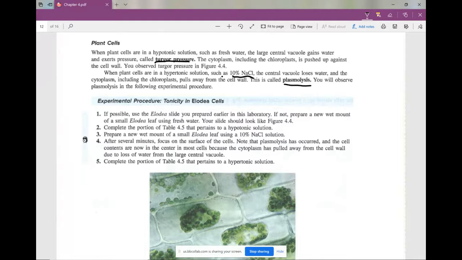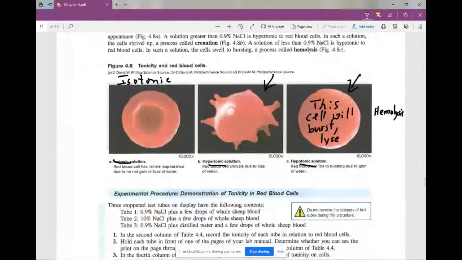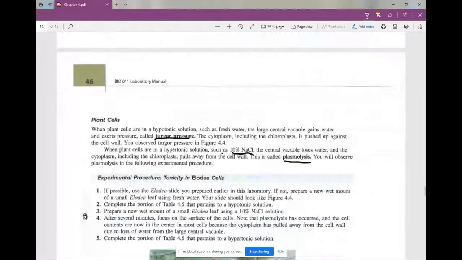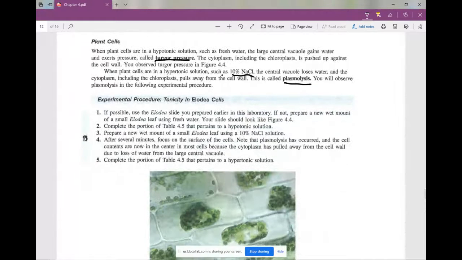This is called plasmolysis. All right, so hemolysis is plasmolysis, but in terms of a blood cell. Plasmolysis is the term used for all cells whenever they burst because either they lost their water or they gained too much water and exploded.